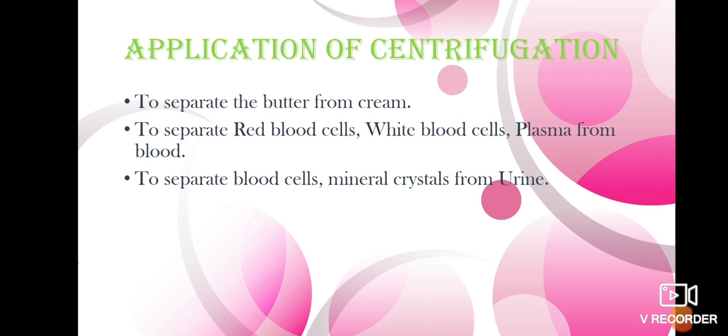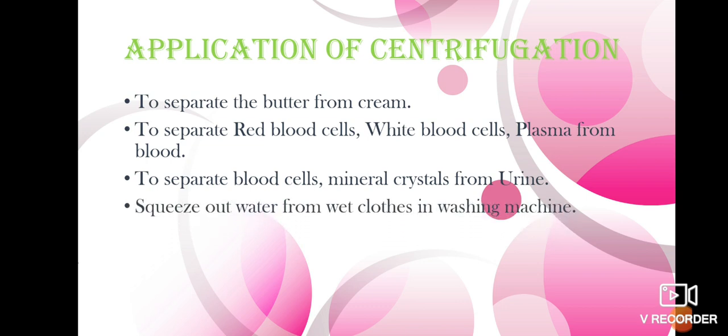So in the test, the centrifugation method is useful. Why do they use it in a urine test? To separate any blood, minerals or stones in your body from your urine by using the centrifugation method.